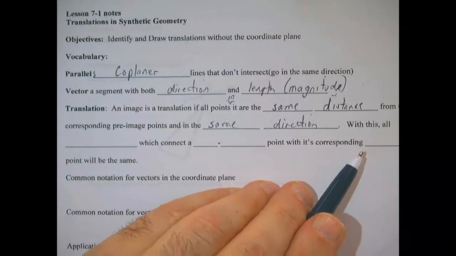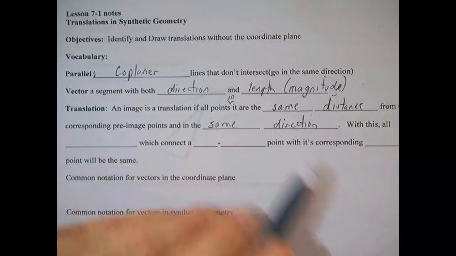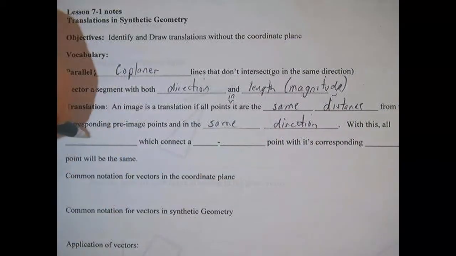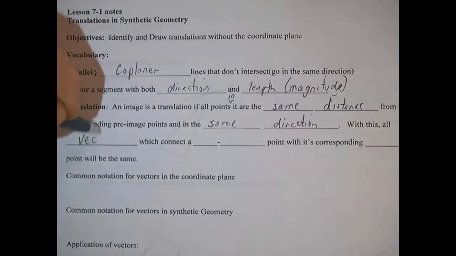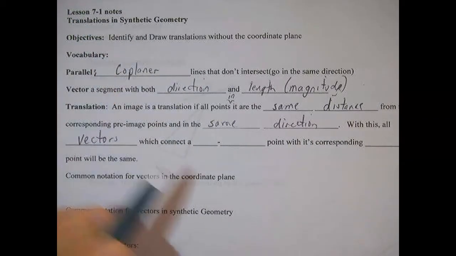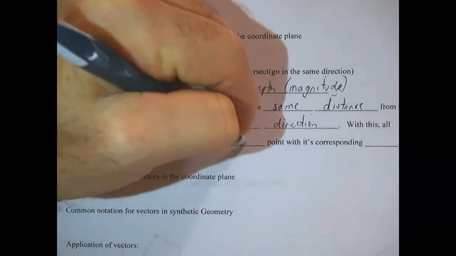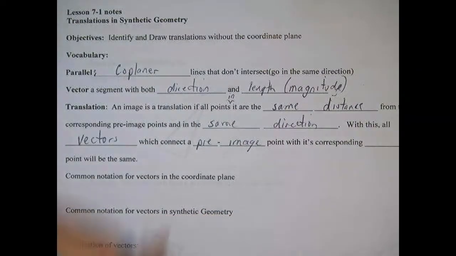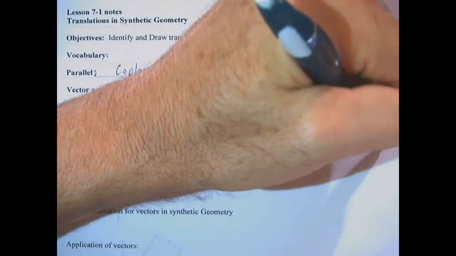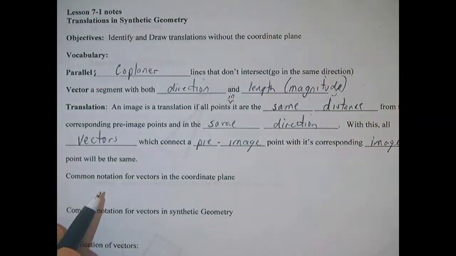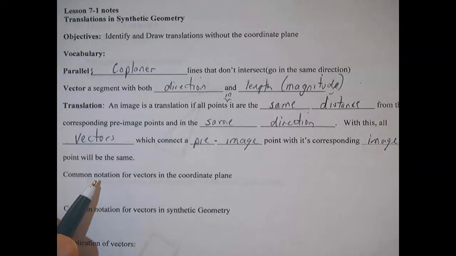With this, because the distance and the direction is exactly what a vector is, that means that all vectors which connect a pre-image point with its corresponding image point will be the same. Okay, all vectors that connect them will be the same.